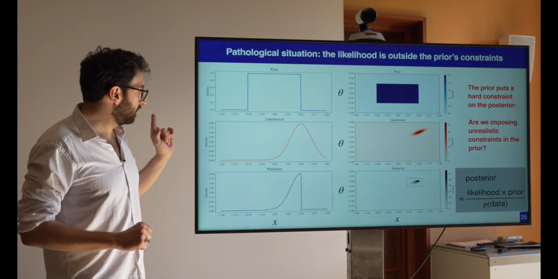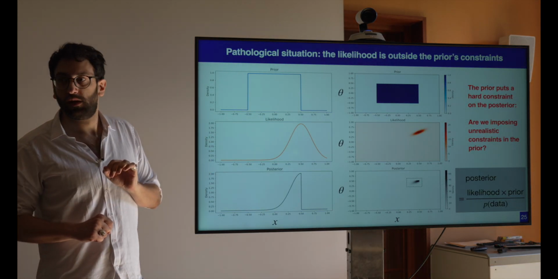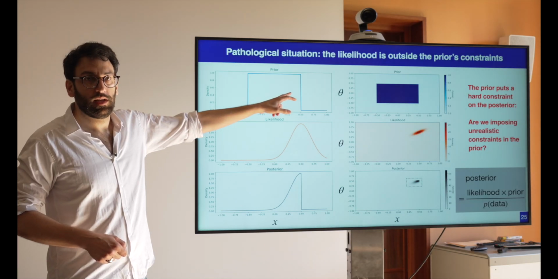So it means that the likelihood is contradicting very strongly your prior. So in that case, you don't just say, okay, this is my posterior, I'm going to publish my paper. You say, well, there's a problem here. My prior is contradicting my likelihood.